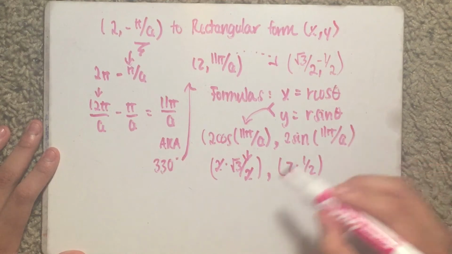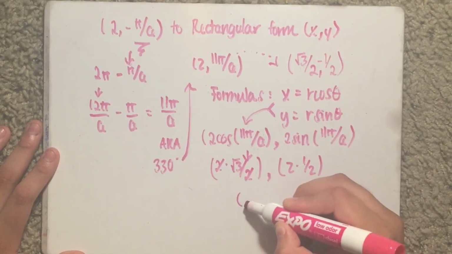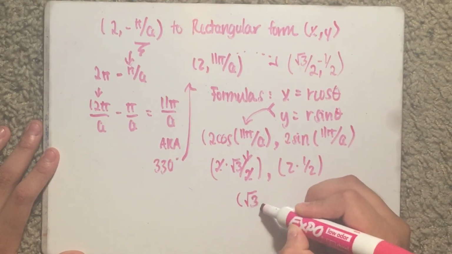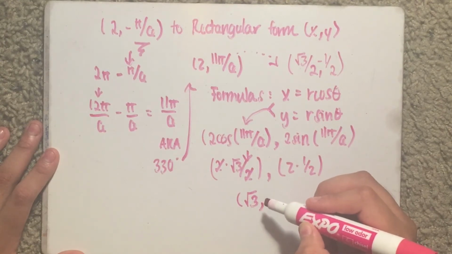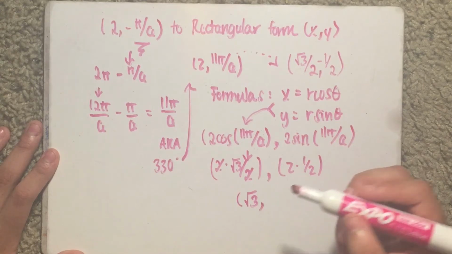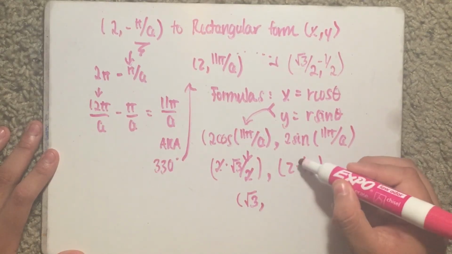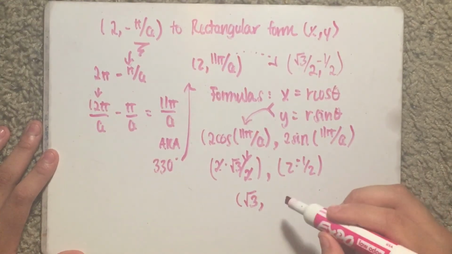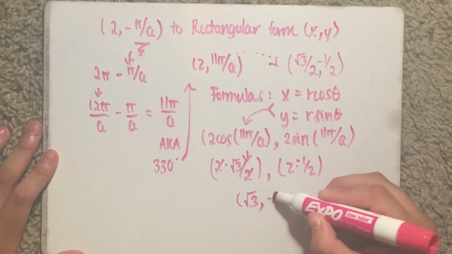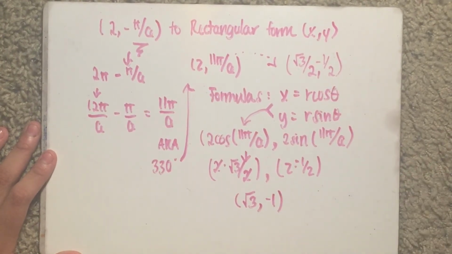So we can cancel both the 2's out from the numerator and denominator, which leaves us with the square root of 3. And then we do the same, which leaves us with negative 1.